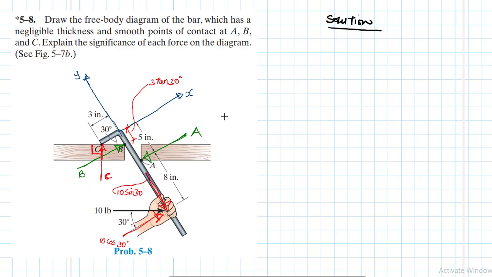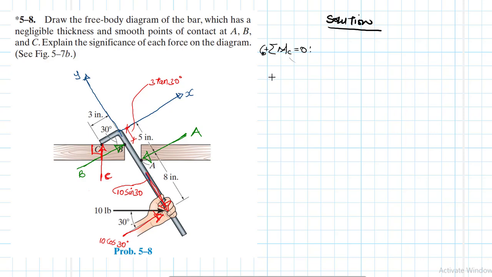So what we are going to do is apply the equations of equilibrium quickly to find what reaction force or normal force A, B, and C are. So I'll take moments about, let's say, point C, and then apply the equation, the moments about point C, and then summation of forces in the Y and in the X, and then you solve for the unknowns. So I'll say summation of moments about point C, and clockwise being my reference positive. What do we have?